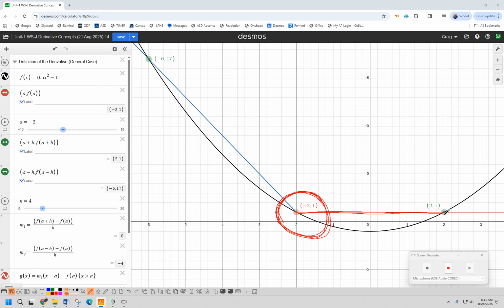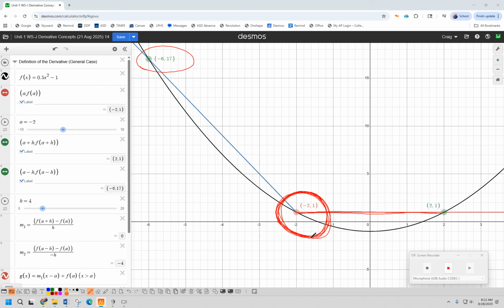For example, from the green dot to the red dot, if we're trying to find the secant slope of that blue line, we have to calculate how much the y value is changing from the green to the red, and how much the x is changing from the green to the red.